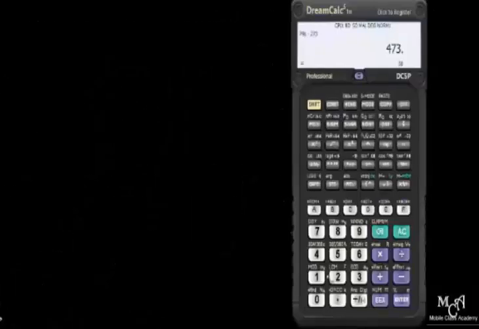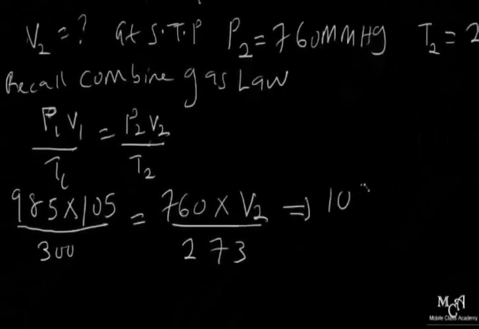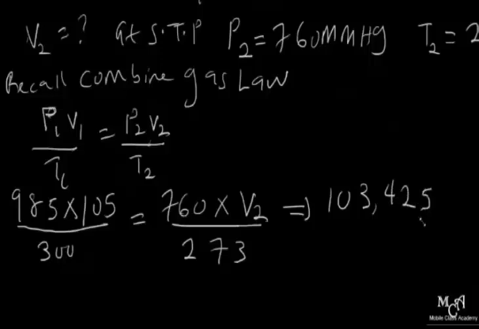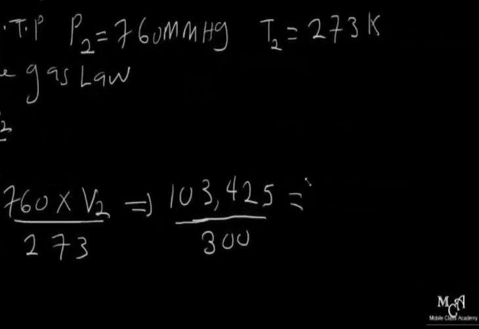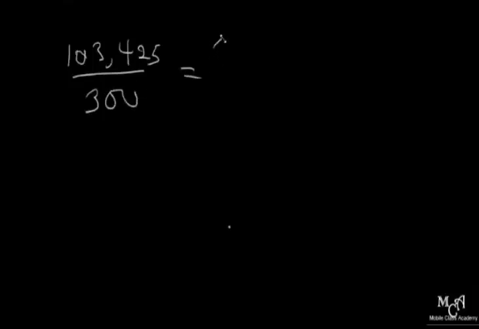Very useful here. 985 multiplied by 105 gives us 103,425 over 300 equals 760 V2 over 273.